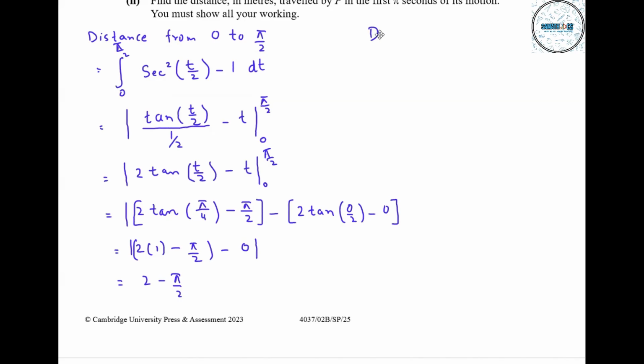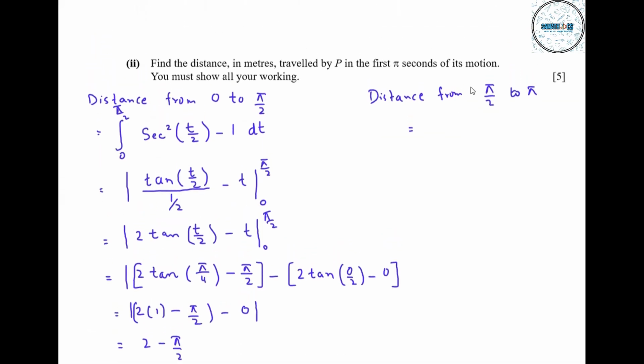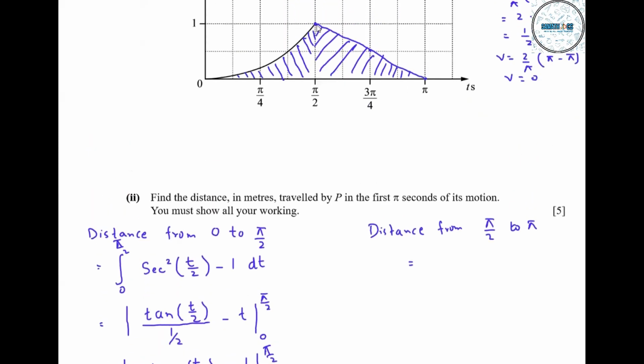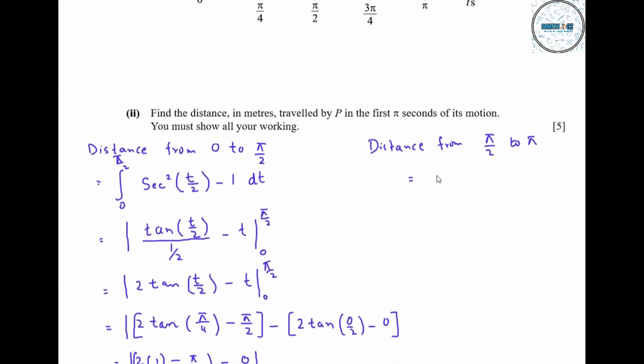Now we'll take out the distance from pi upon 2 to pi. For this, we will take out the area of a triangle whose height is 1 and whose base is pi minus pi upon 2, which is pi upon 2.